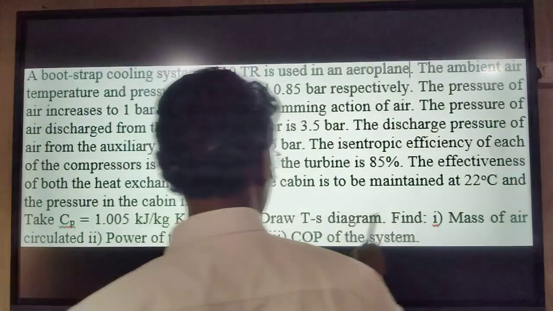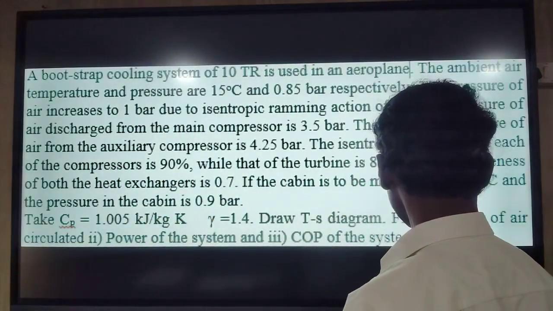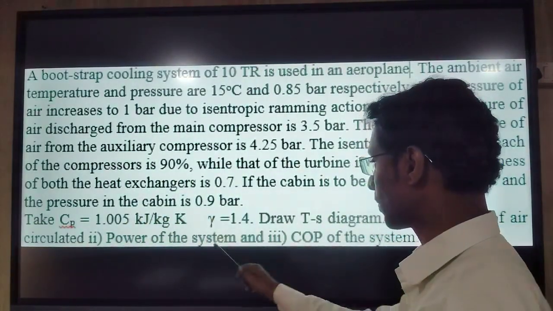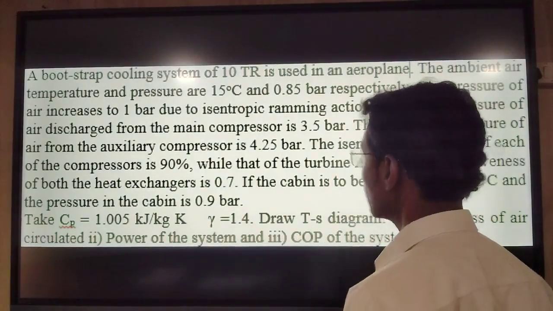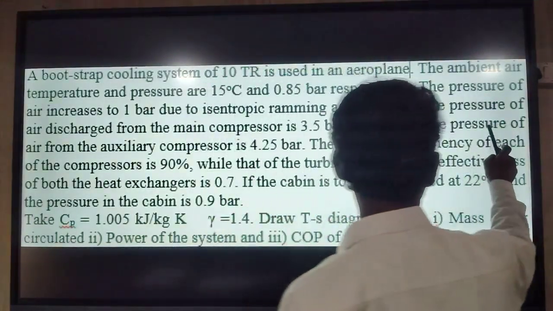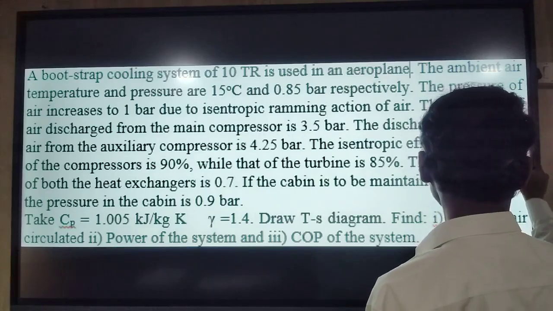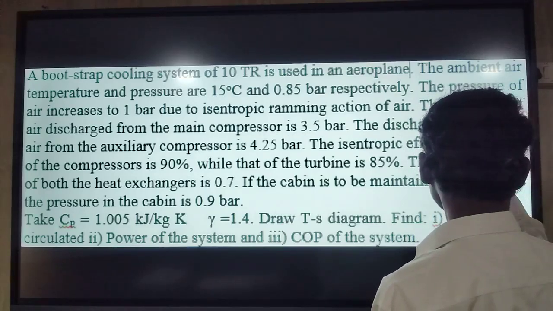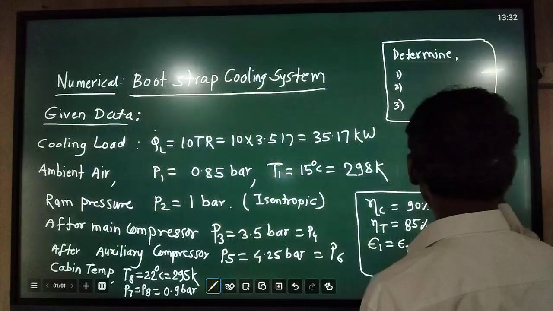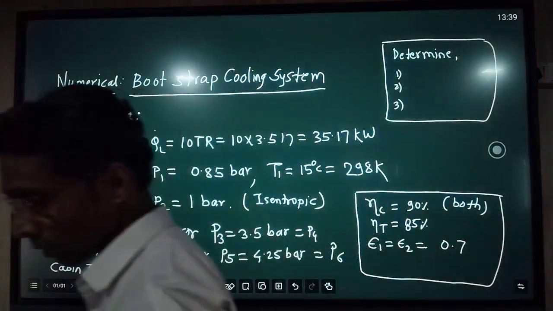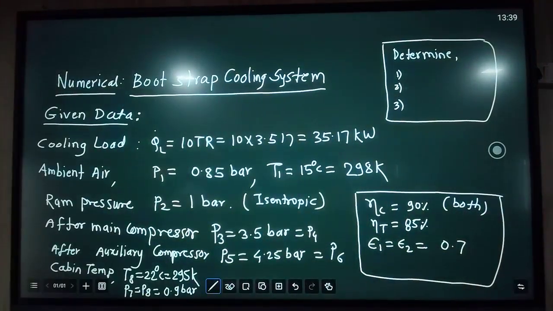We have to determine three things here: mass of air, power of the system, and COP of the system. So let us first enlist all these values. As per the given data, we have written the values.